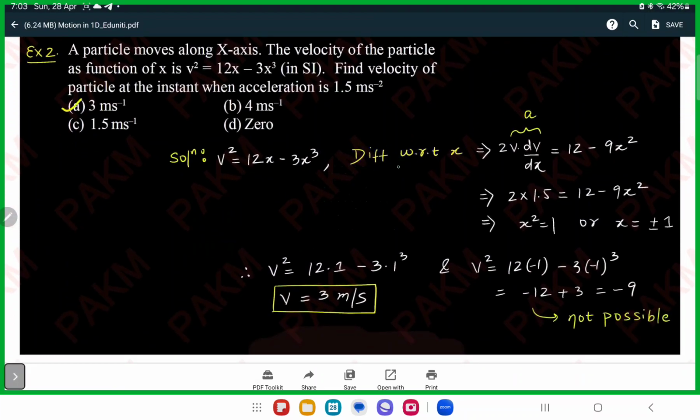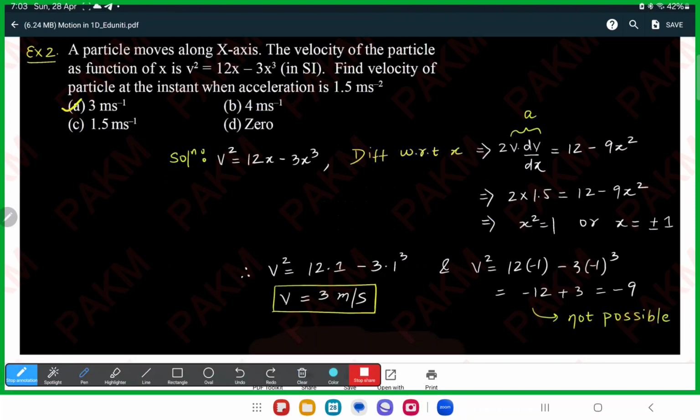So once you differentiate with respect to x, let me tell you how the differentiation is done. This is important for you, maybe many cannot do it. So take d by dx of v square, that is d by dx of 12x minus 3x cube.